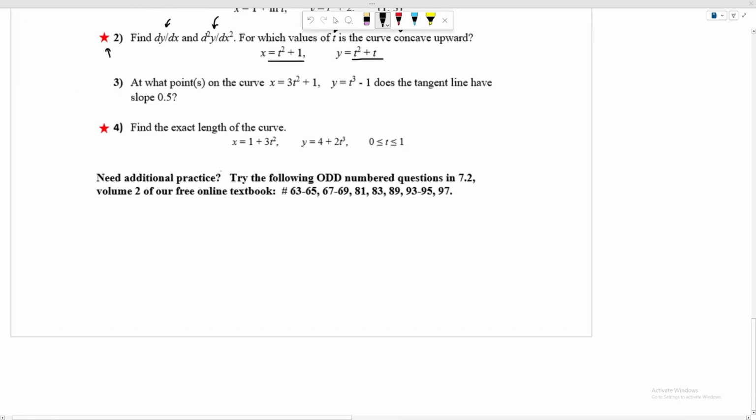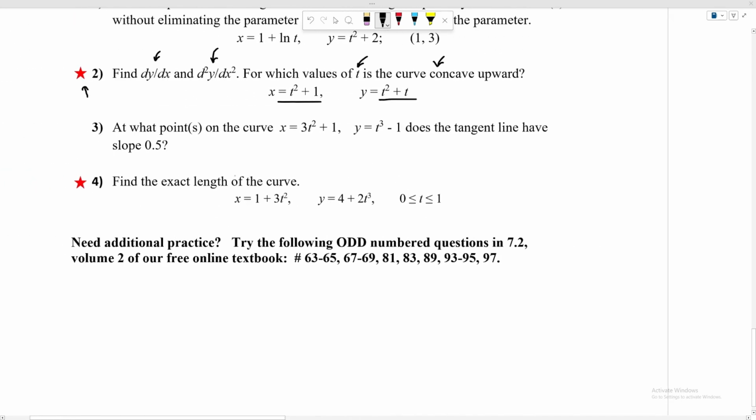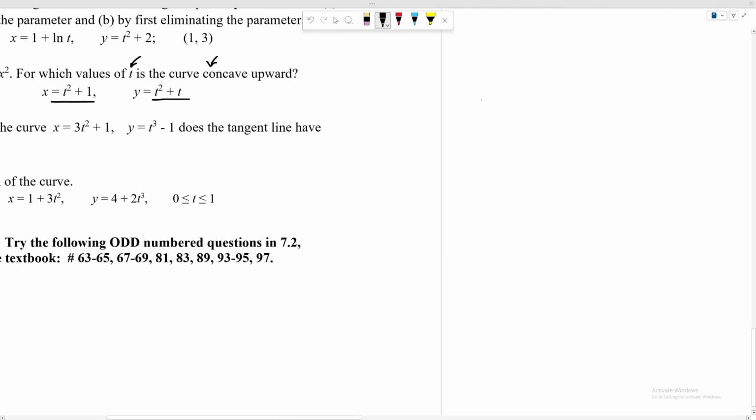Alright guys, so now we're doing question number 3. And what question number 3 says is, at what points of the curve does the tangent line have a slope of 0.5? So first, if you want to find a tangent line, you need a derivative, which gives you the slope, right? So let's get the derivative of this. This is your equation.